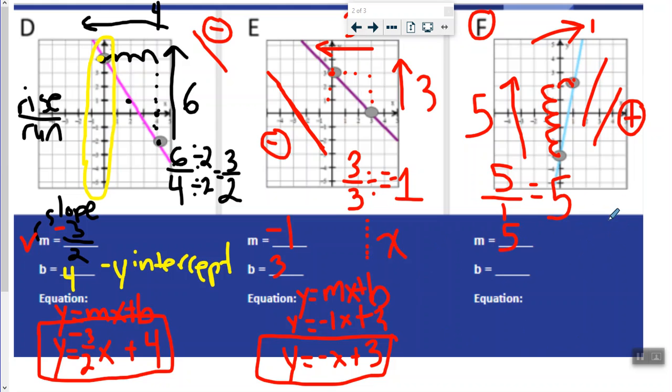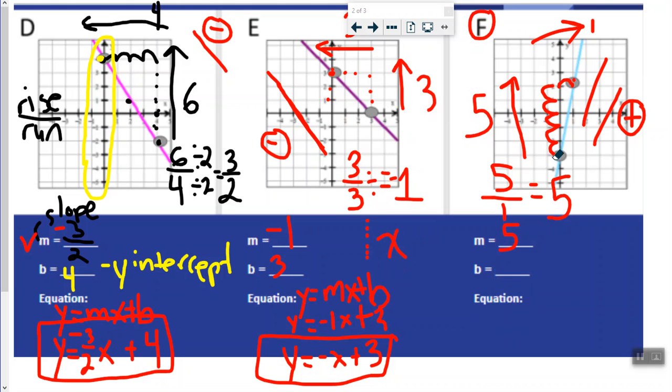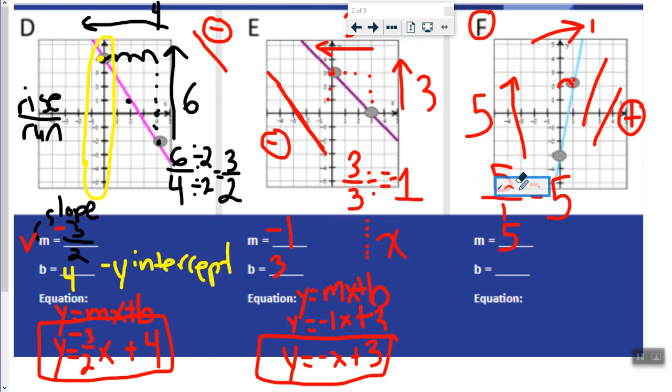My y-intercept: when does the line cross the y-axis? Let me just delete this so I can see it better. So it crosses the y-axis right here. So it's -1, -2, -3.